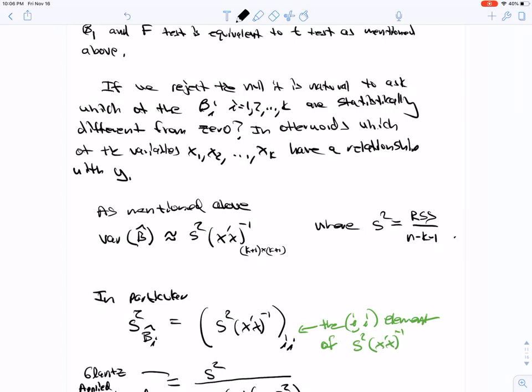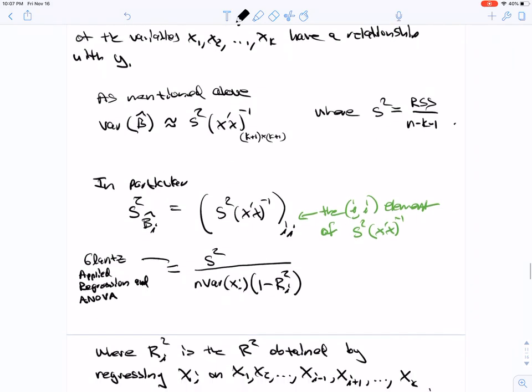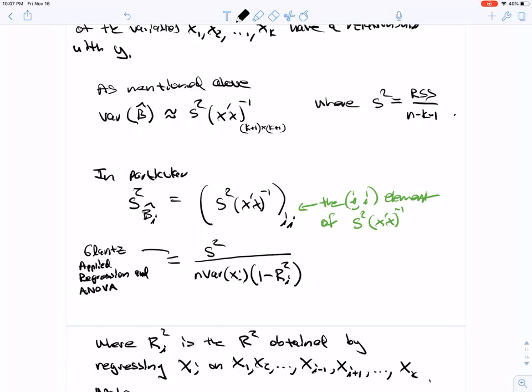If we reject the null, it's natural to ask which of the beta i are statistically different from 0, right? That's exactly like what we did in ANOVA with the Bonferroni and so on. In other words, which of these variables x1, x2, up to xk have a relationship with y, in other words, are not independent.